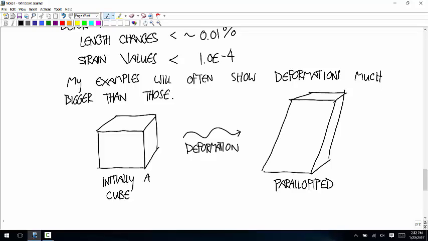That was on the SATs probably. It means that it's an object where every face is a parallelogram. But anyways, I drew this picture because there are two things that happened in deforming this to this. Lengths changed and angles changed.